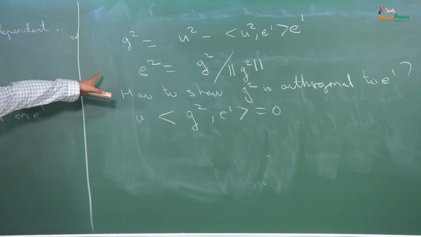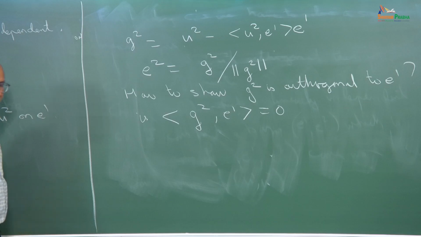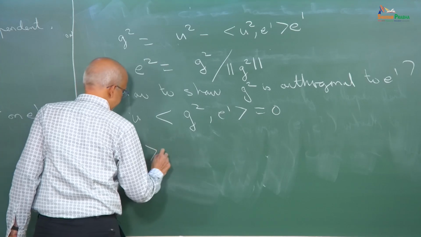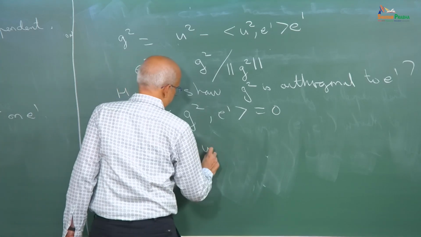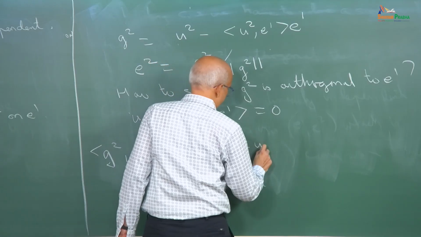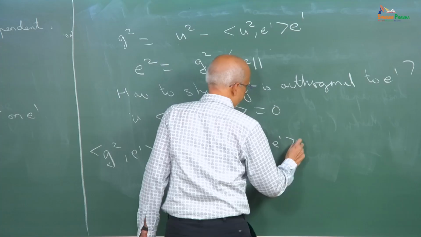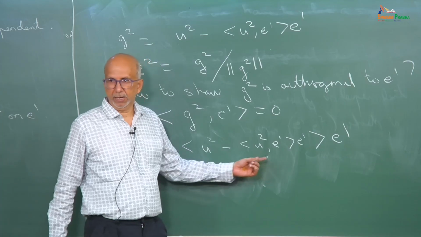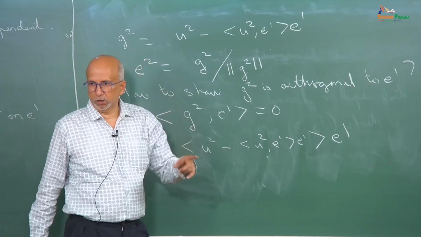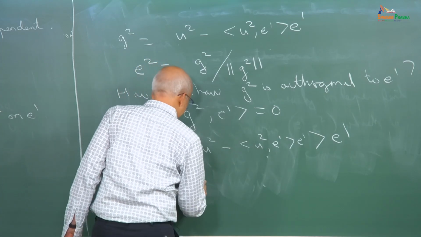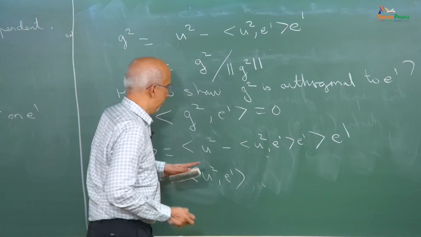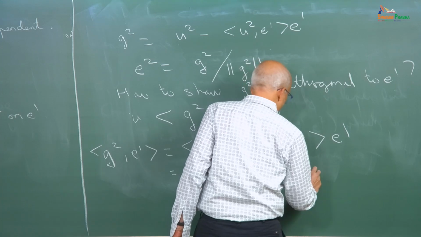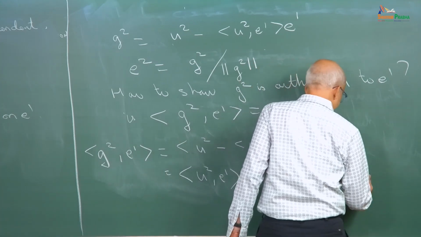So, I want to calculate the inner product of G2 with E1. G2 I have already defined. So, the inner product of G2 with E1 is the inner product of U2 minus the inner product of U2 with E1 times E1, with E1. Remember, this inner product is a scalar, and you had that commutative rule of inner product. So, this is the inner product of U2 with E1 minus the inner product of U2 with E1 times the inner product of E1 with E1.